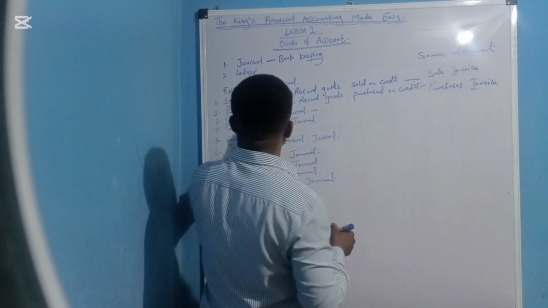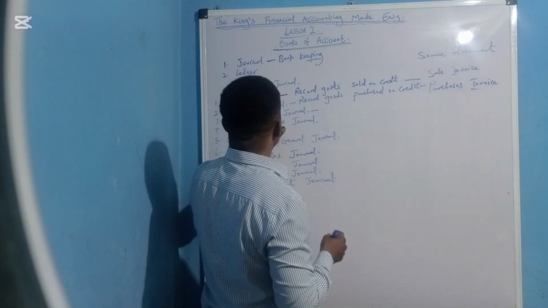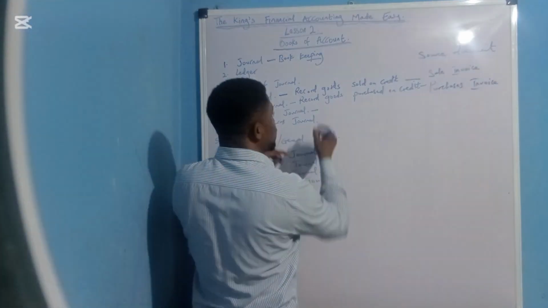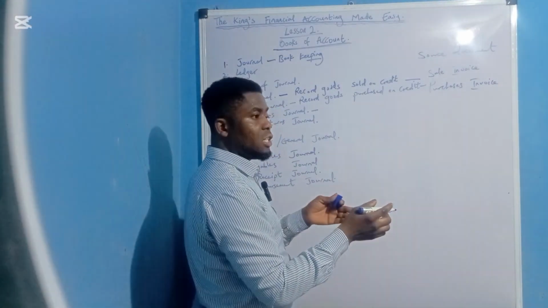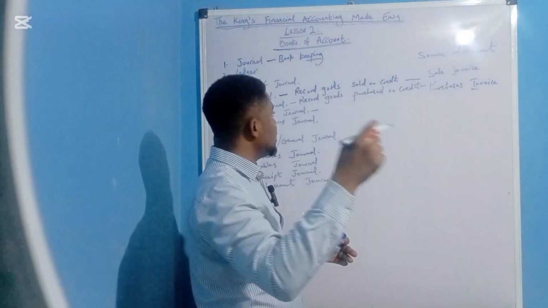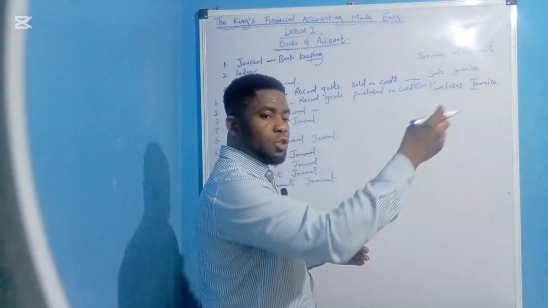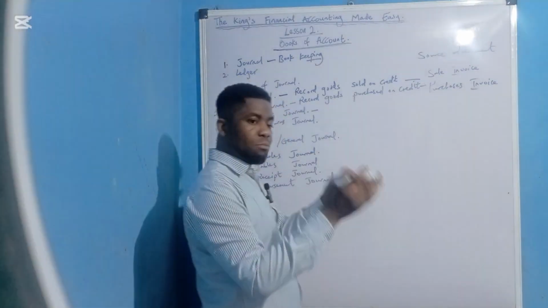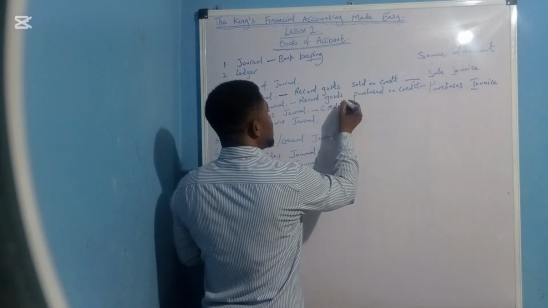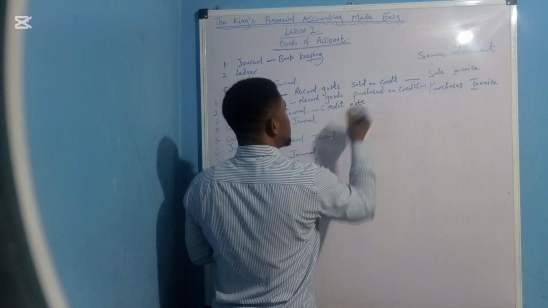Now, whenever you have sold goods to somebody and then you have overcharged that person, there's a document that you issue to correct that mistake. They call it a credit note.